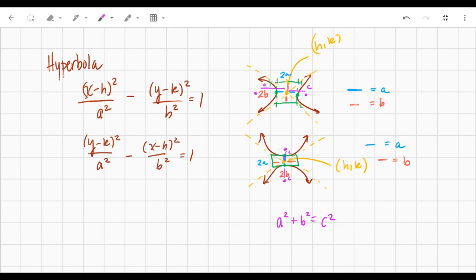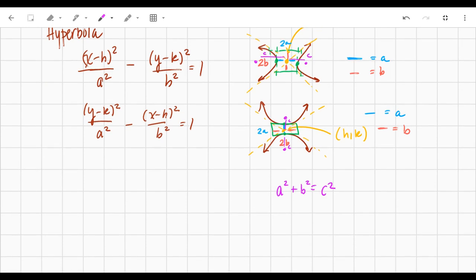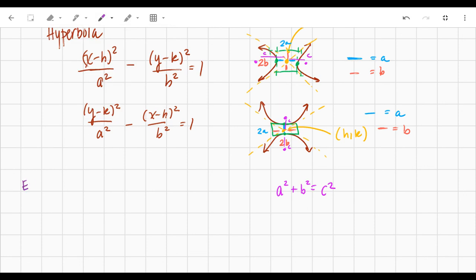So we'll go through an example here. Get a different color. Give the example y squared over 25 minus (x plus 4) squared over 4 equals 1. So let's start getting some pieces here.